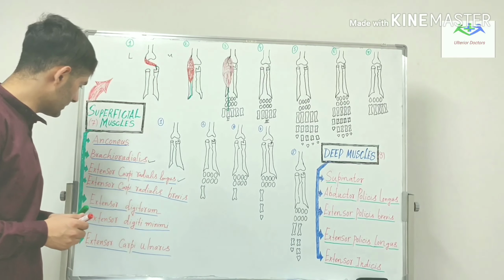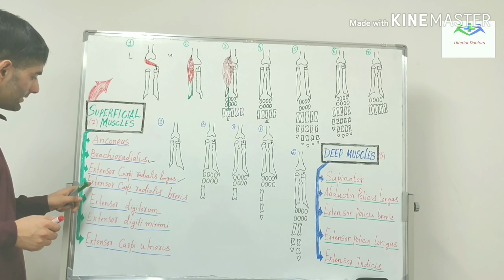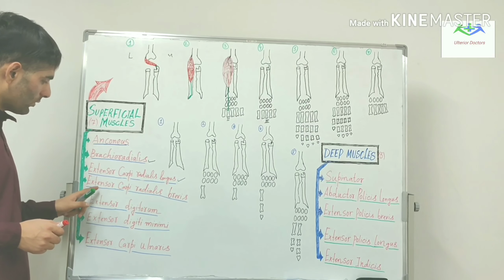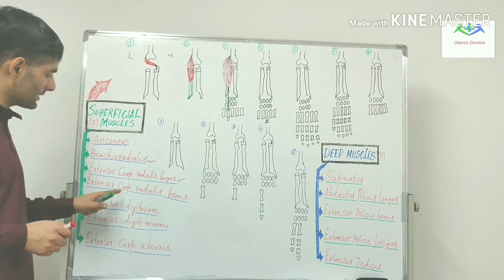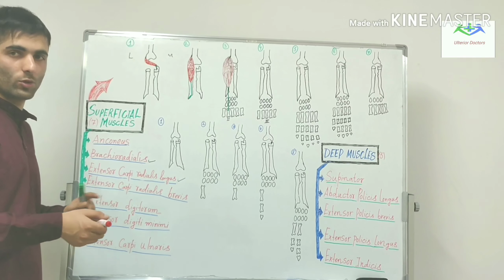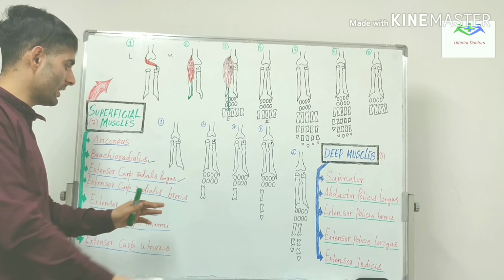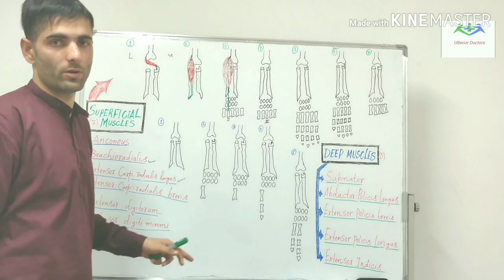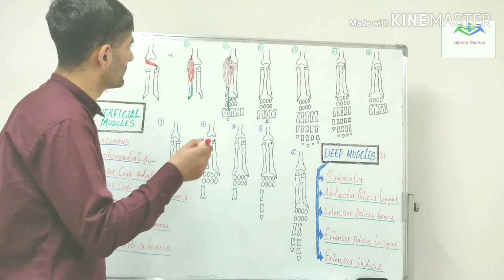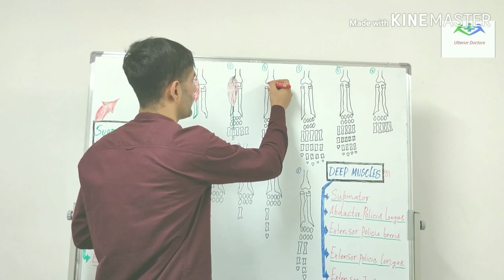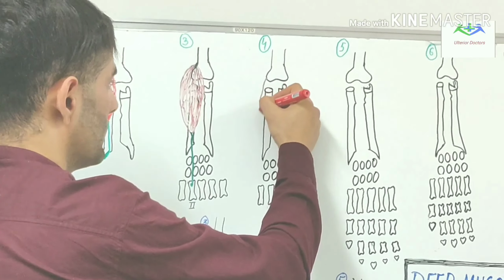Now come to the fourth muscle, that is extensor carpi radialis brevis. Why extensor? It helps in the extension. Why carpi? It crosses the carpal bones. And radialis, it goes radially. And brevis means it gives the short tendon. Let's see. It originates from the lateral epicondyle of humerus, like this.